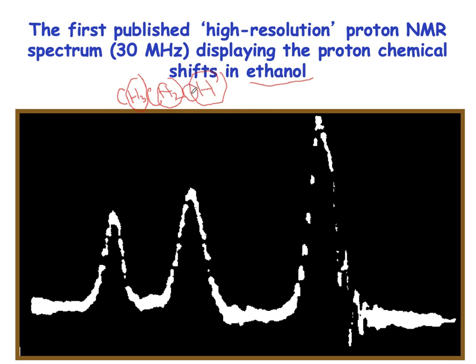So there are three different types of hydrogen nuclei in this molecule. That's why they give three different peaks, 1, 2 and 3, in the proton NMR spectrum. Proton is because of hydrogen. Hydrogen has one proton inside and one electron outside.